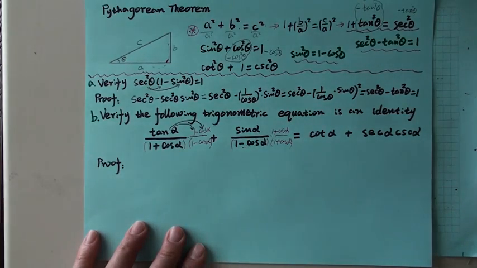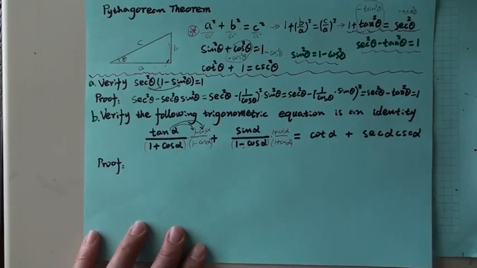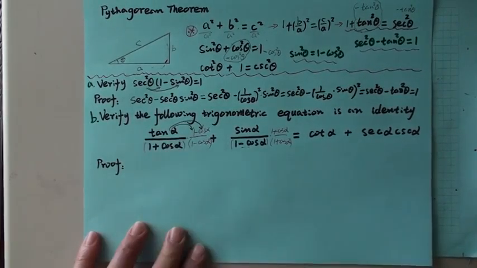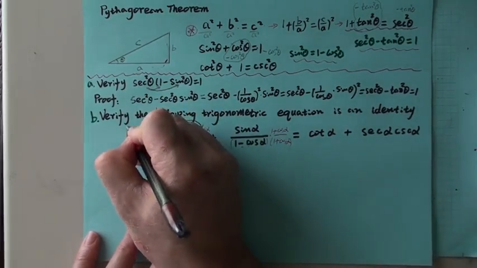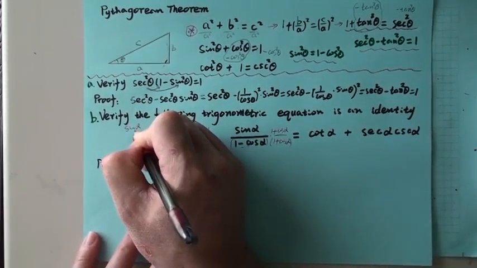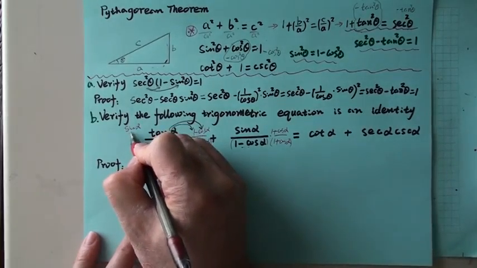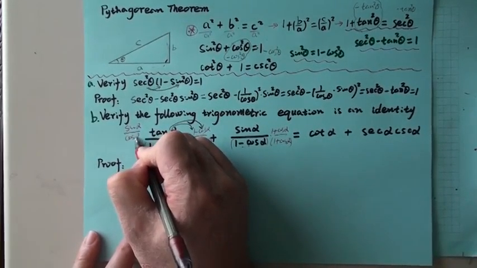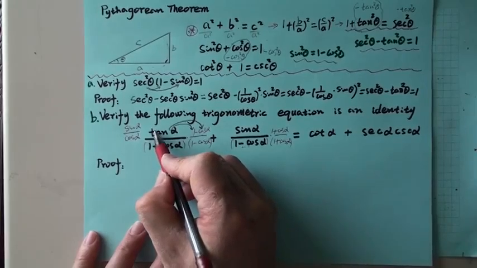But we know that tangent alpha is sine alpha over cosine alpha, for this one.